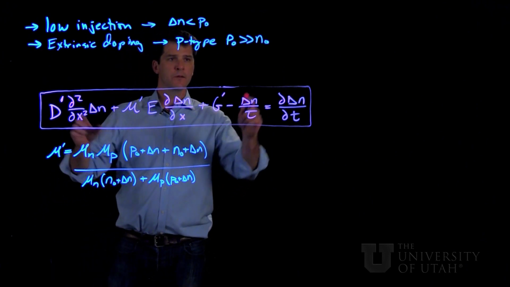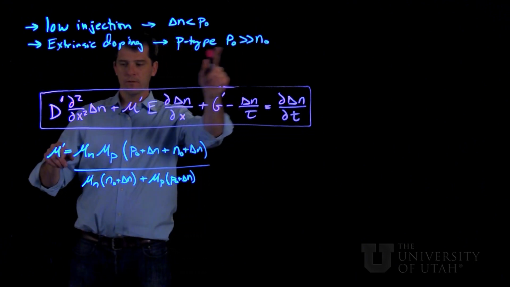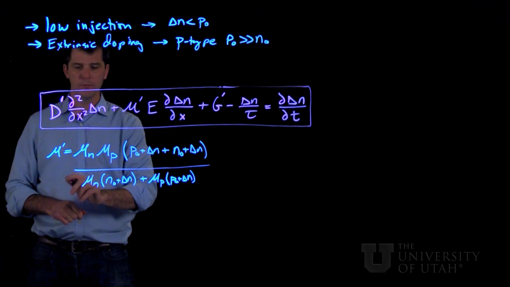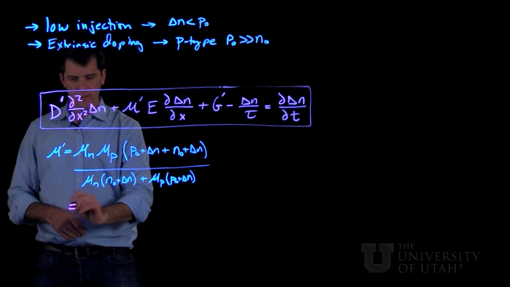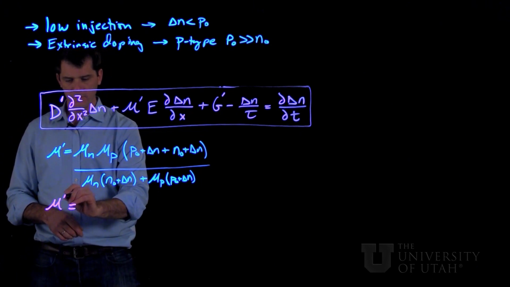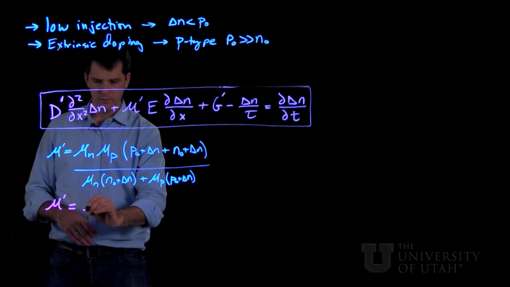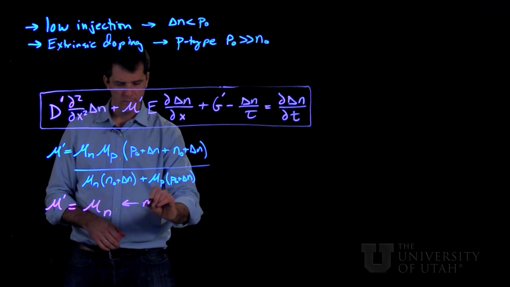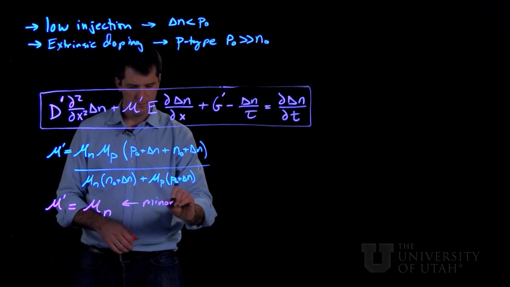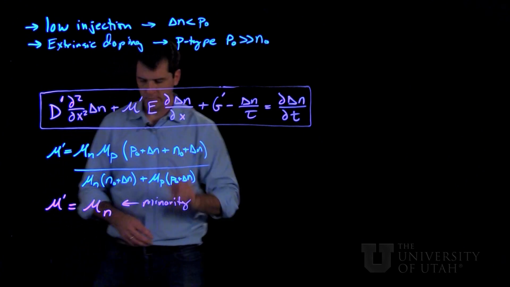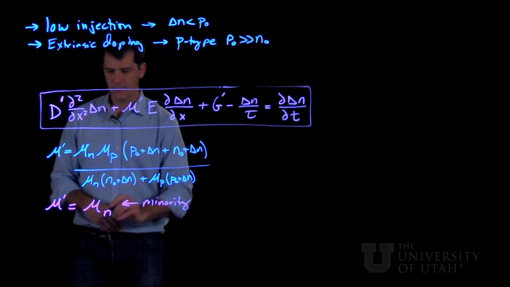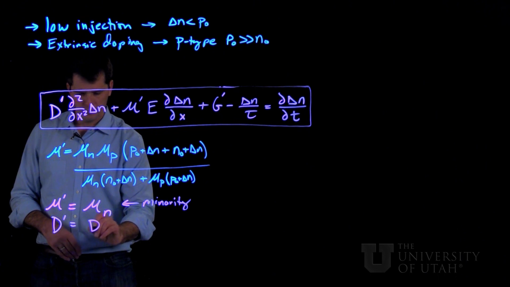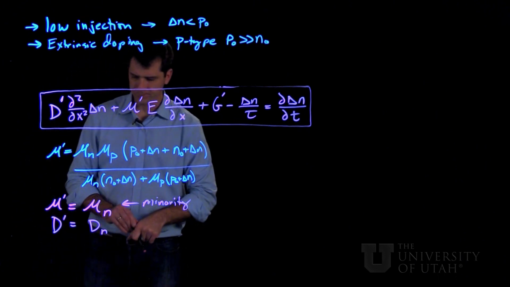Under those conditions, we can plug some assumptions into the equations, for example, for the mu prime and D prime. And it turns out that the mu prime will revert to the mu n for the minority carriers. And I'll leave it as an example for you to prove this to yourself. And similarly, the D prime reverts to the minority carrier value.